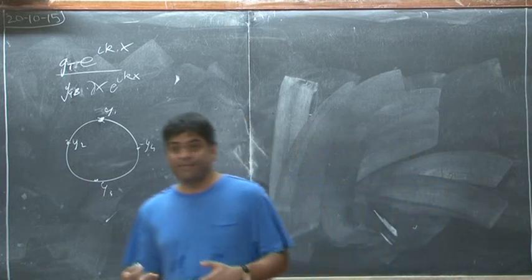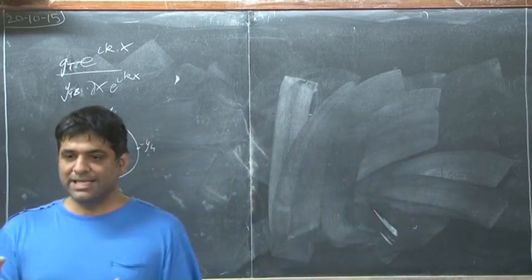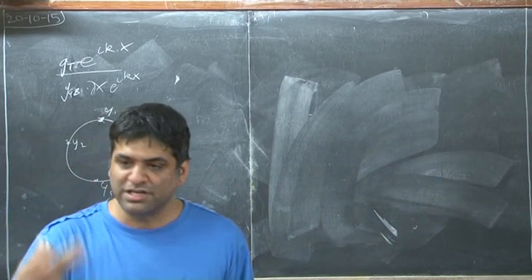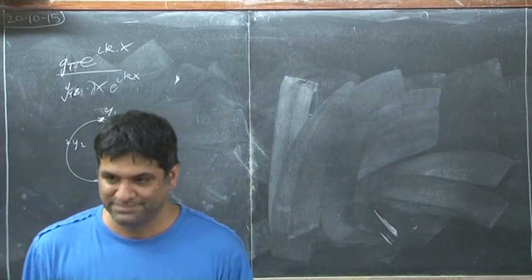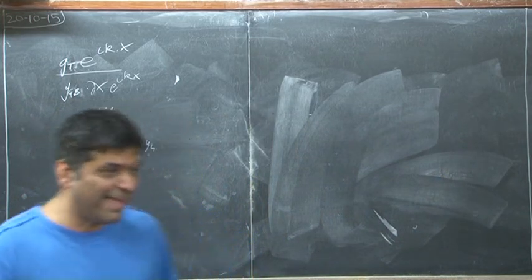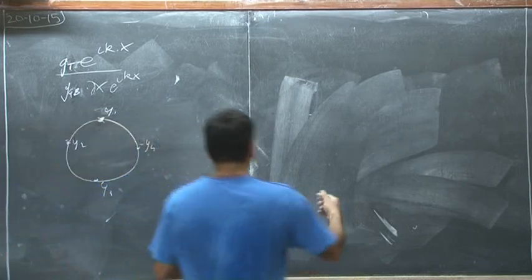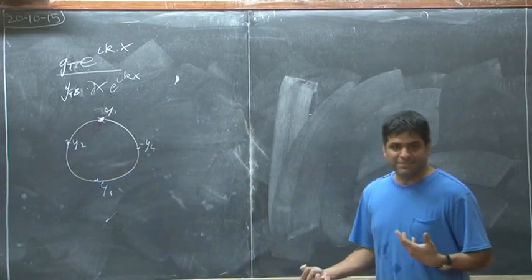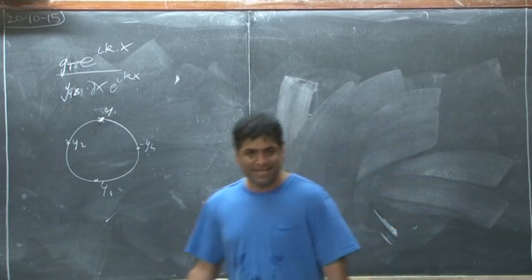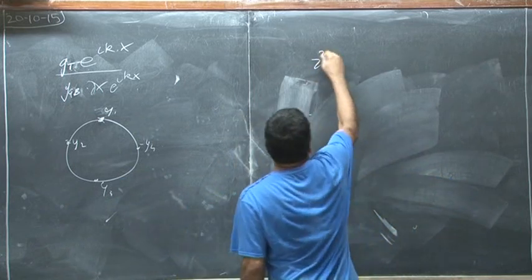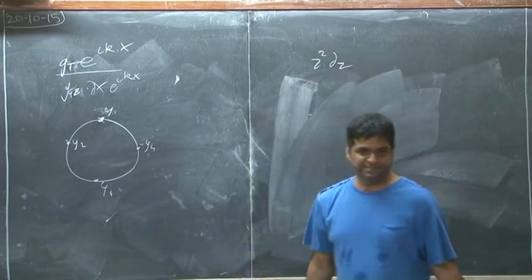Suppose I want an interpretation of the special conformal transformation. What is the special conformal transformation? In this analytic context it is very simple. It's just z squared del by del z.